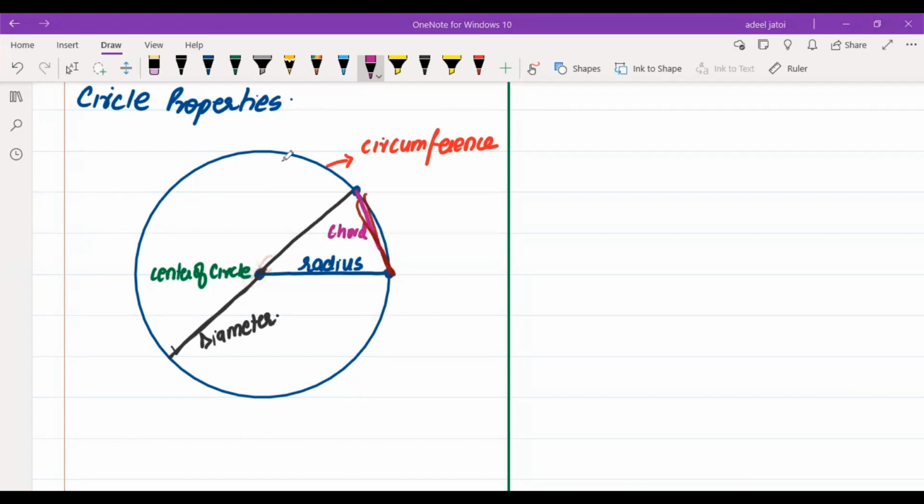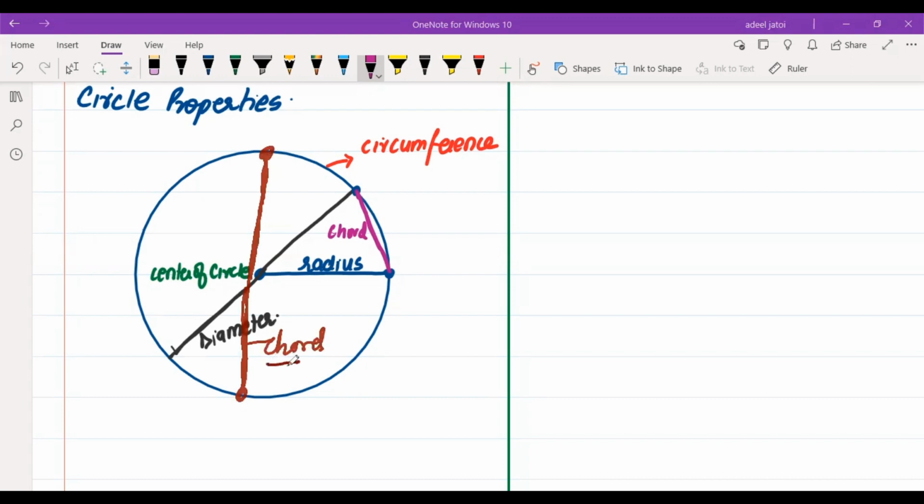as your chord. Now, a chord can even be closer to the diameter line like this. This line is meeting the 2 points on the circumference, but if you note, it is not crossing the center of the circle. Since it is not crossing the center of the circle, this line will still remain chord. So this is known as your chord as well.